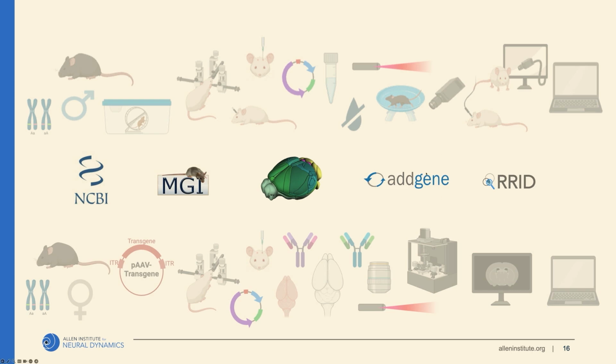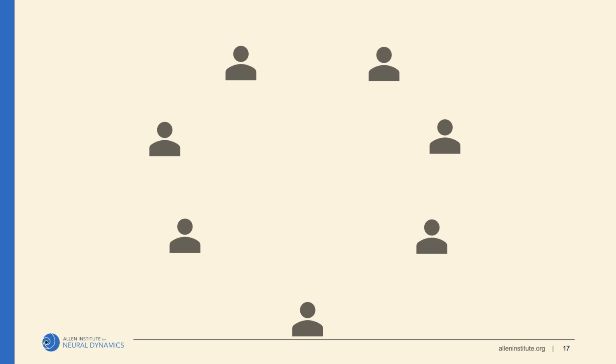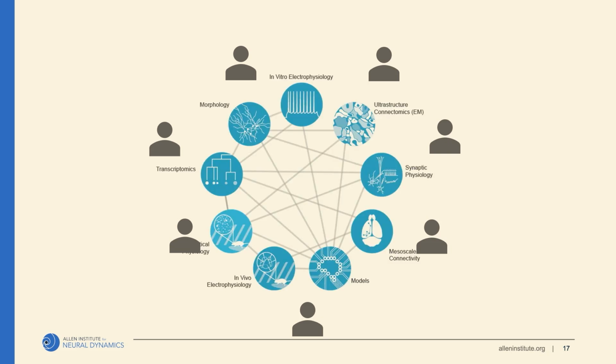We use Addgene to document the viruses that we use. Wherever we can, we want to link information to existing ontologies and existing databases in order to make it as interoperable and to be able to link the information across different experiments and across different modalities. We find that ultimately what we're trying to do with this metadata is be able to communicate to different people and collaborators about what these data are, but ultimately that's also serving to link the different modalities of data that we're collecting in order to really pull that information to understand the system.